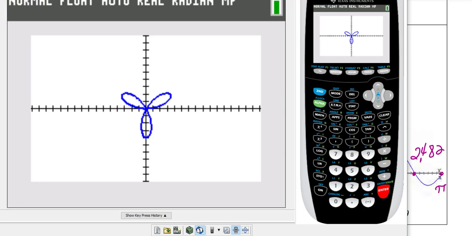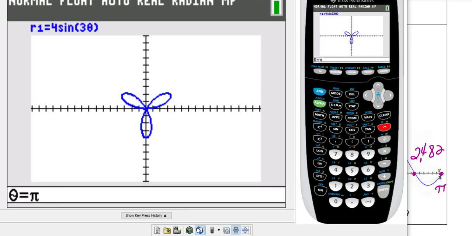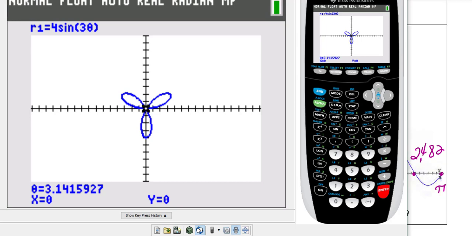All right, so what I want to do then is if I trace this, I'm going to trace it at theta values. So here are 0, it starts out. And then if I want to put pi in there, I can put in pi and go there. And so I have a value of 0 again.